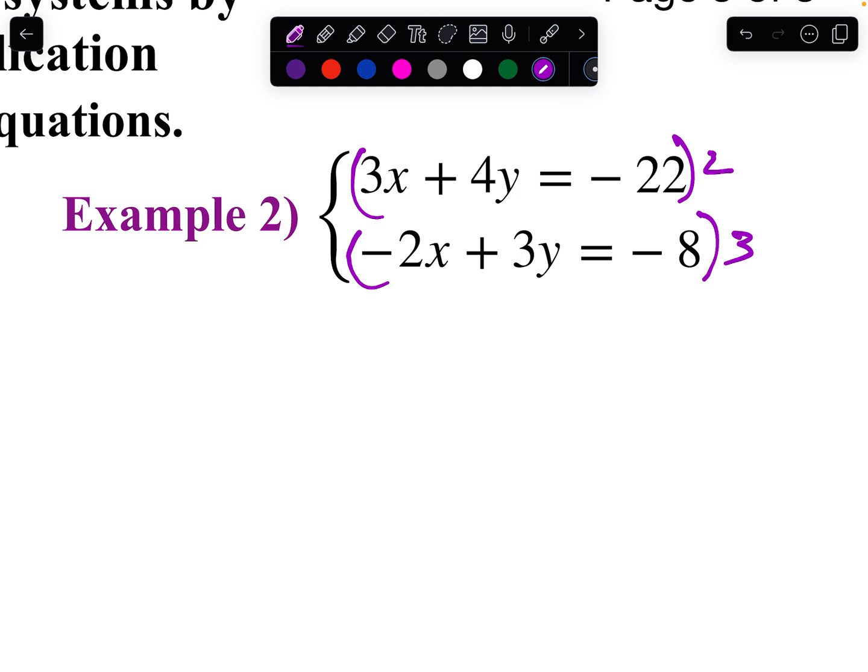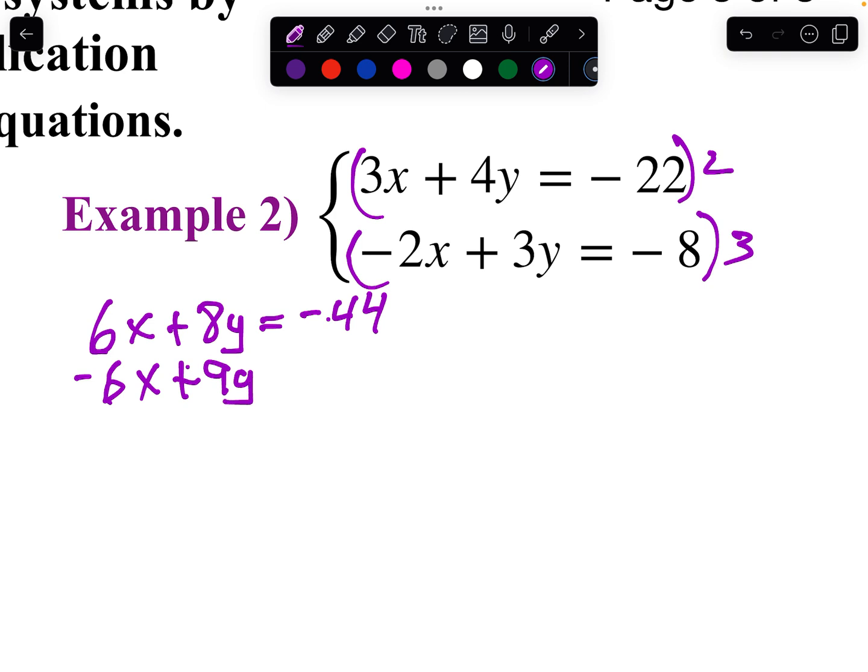So 3 times 2 is 6x plus 8y equals negative 44. We'll get negative 6x plus 9y equals negative 24.